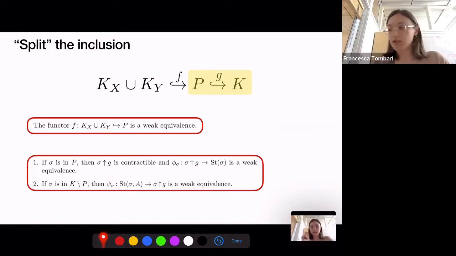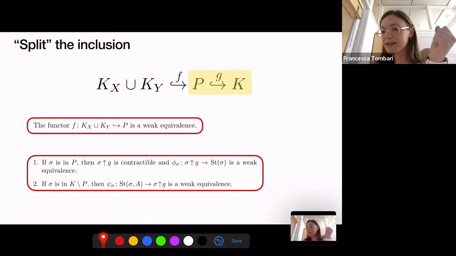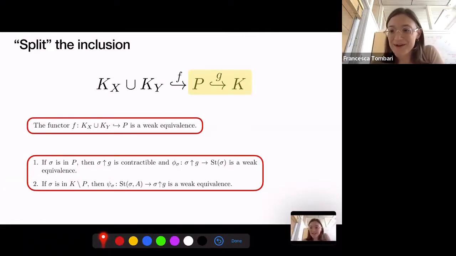So I was at G, right? We observed that the comma categories associated to simplices in K, but also in P, are contractible. And in fact, they are weakly equivalent to the star of the simplex sigma. So again, they are not going to serve as obstructions for the homotopy type of the decomposition being the same as the homotopy type of K. What serves as obstructions are exactly the obstruction complexes.